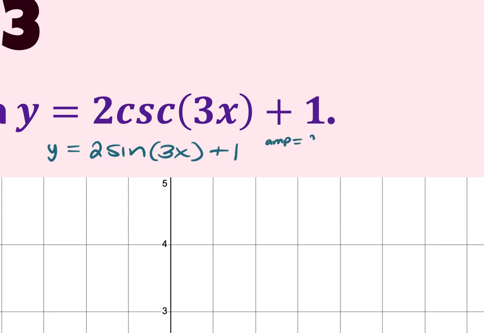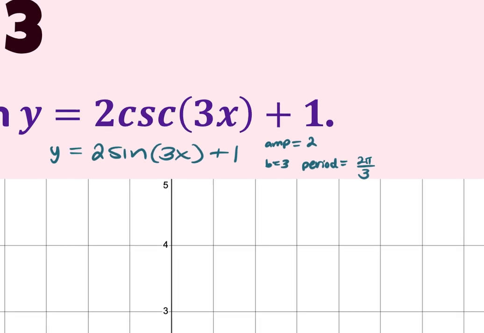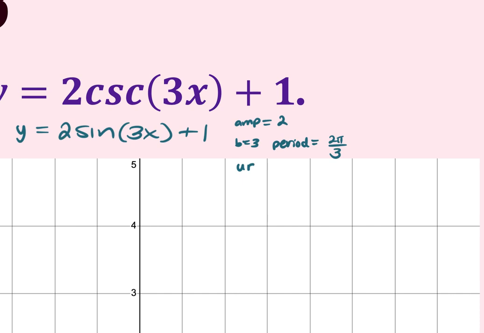Vertical stretch by 2, or your amplitude is 2. Good. The b is 3, so the period is 2 pi over 3. That means it's squished, right? It would be a horizontal dilation by a factor of a third. And the plus 1, up 1, or a vertical shift up 1.